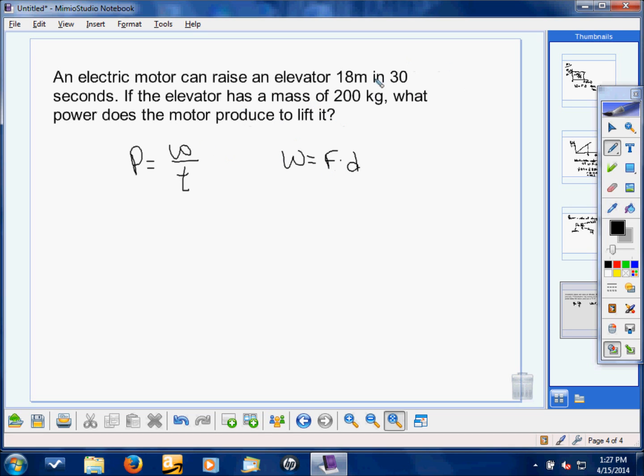We know the time. The time says 30 seconds. We don't know the force, but we have something that we can use to find the force, and that's the mass. So what would be my equation to use to find the force? Good. The force is 200 times 9.8.